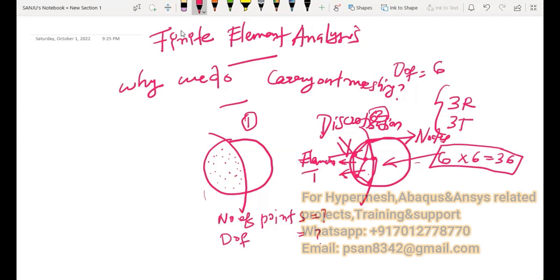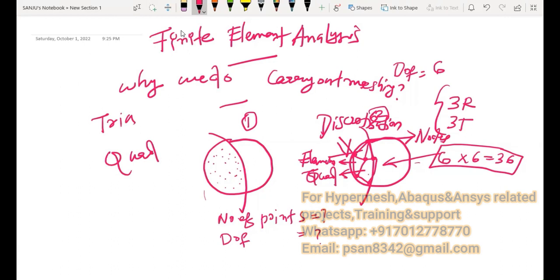This is a quad element. There are several elements in the meshing process, but as of now, we are just looking at tria and quad elements only.